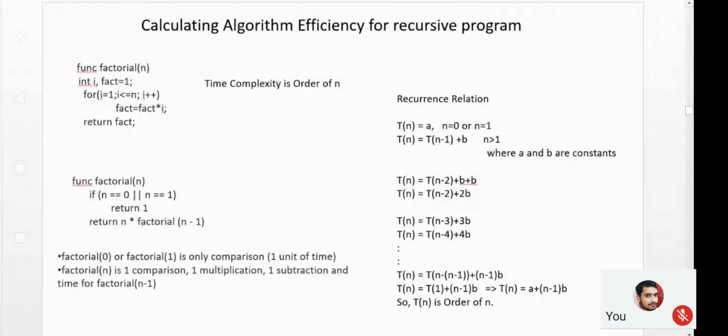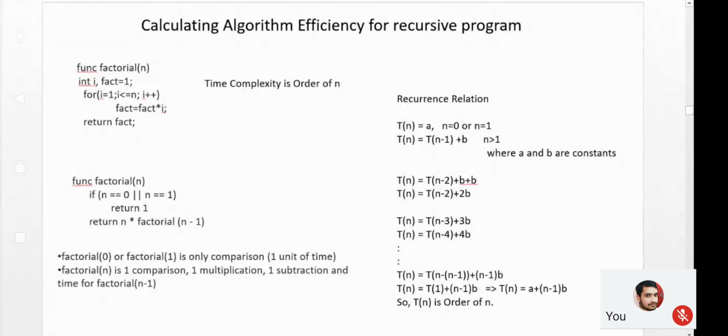For each and every function written in recursive way, you have to first determine the recurrence relation. So how can we write the recurrence relation? I will discuss. Say factorial n. Here this is the base condition, or the terminating condition, and here the function calls itself with a smaller value.